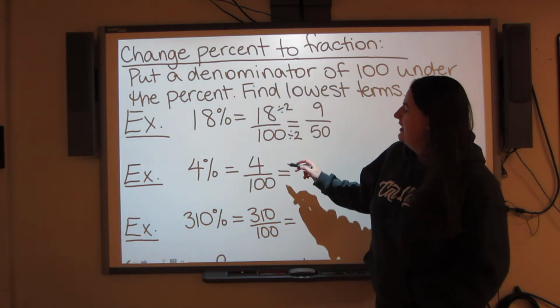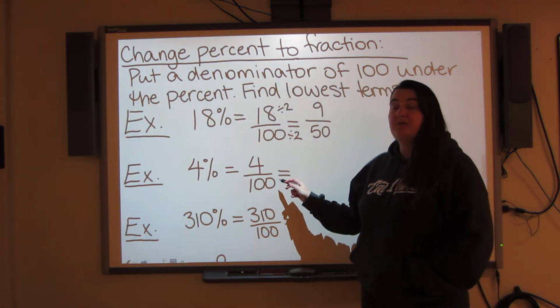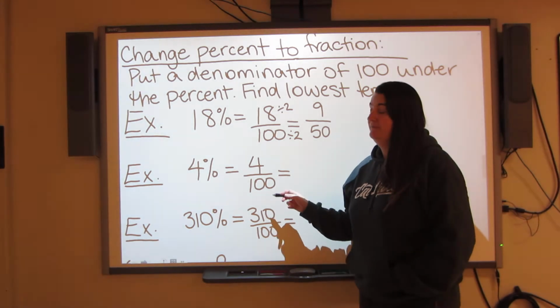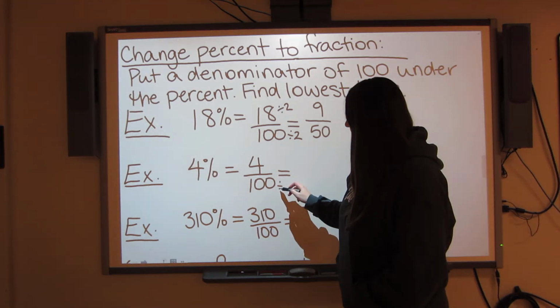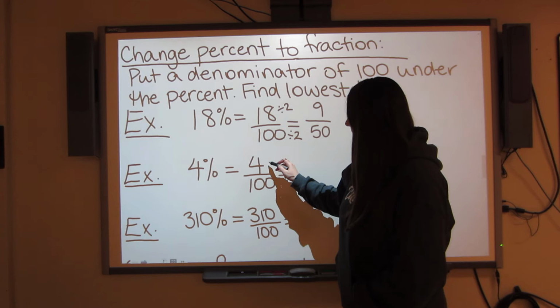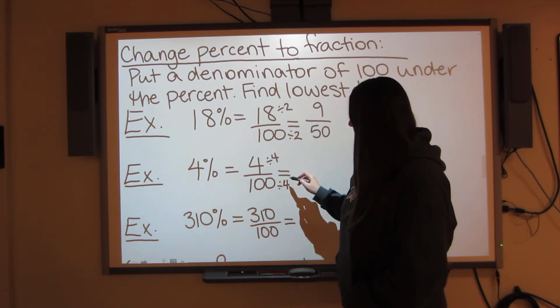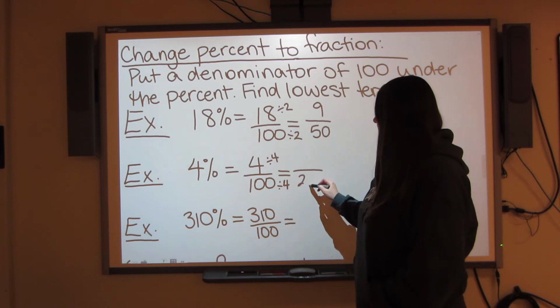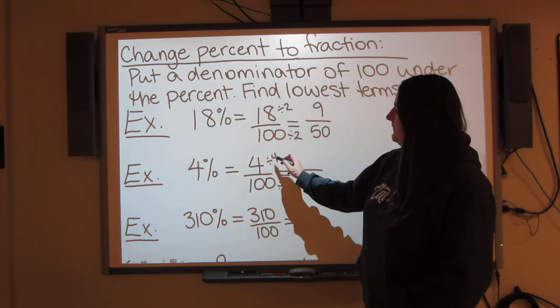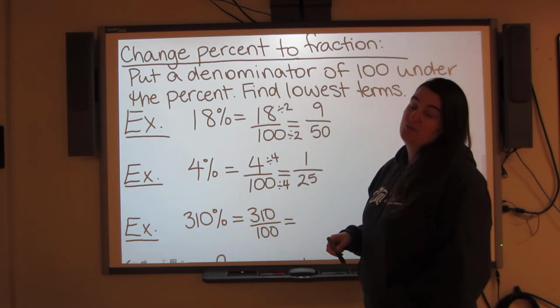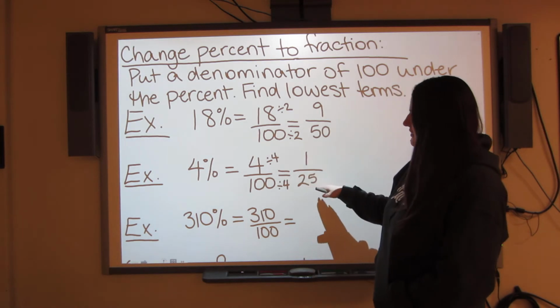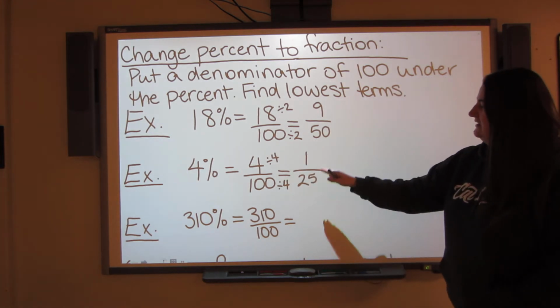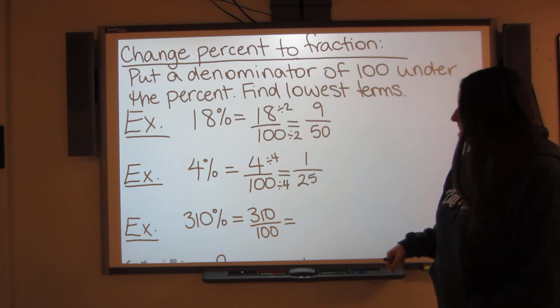I know that 4 is one of my 100 math facts, so I can divide them both by 4. 100 divided by 4 is 25. 4 divided by 4 is 1. So there's my lowest terms. 4% is 1 over 25.